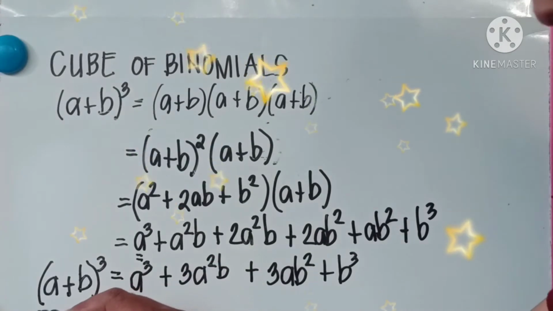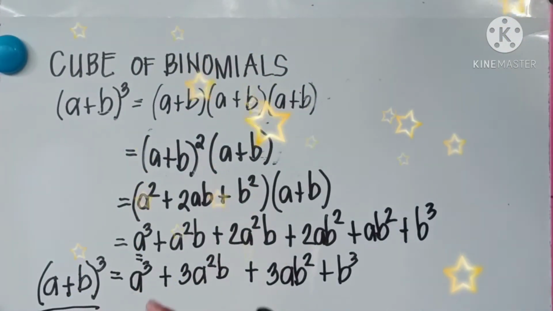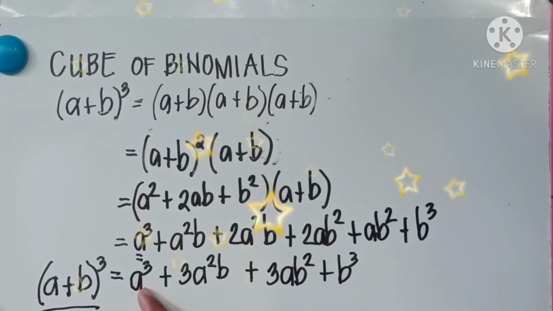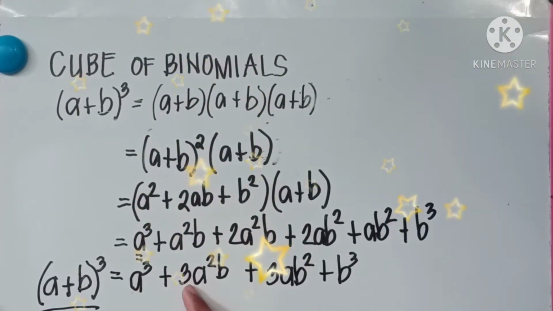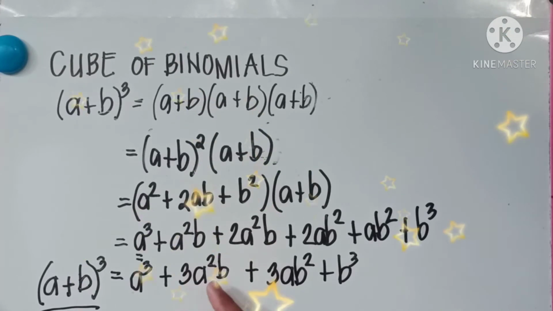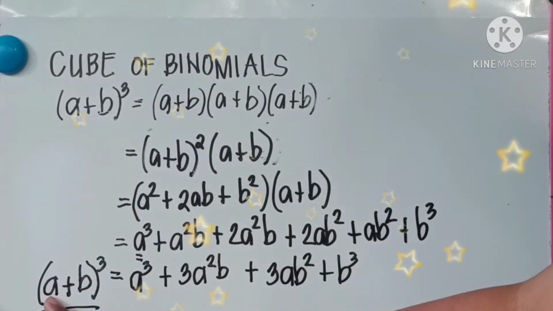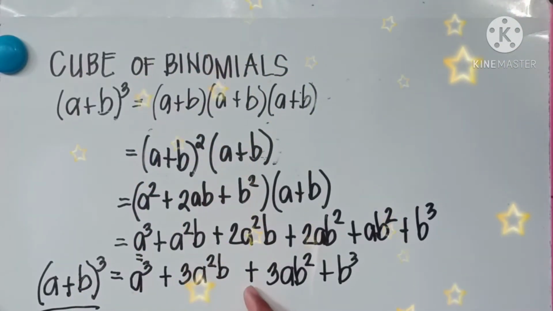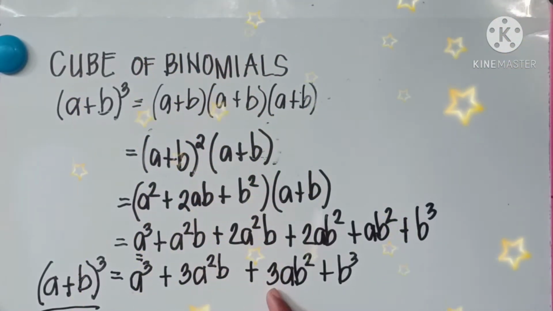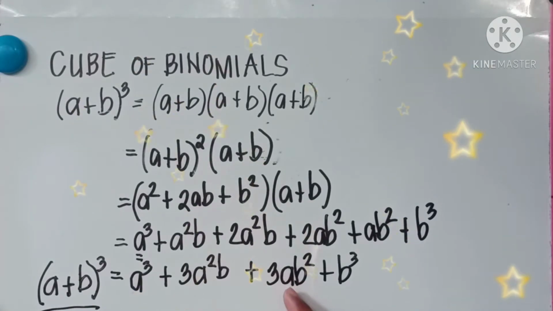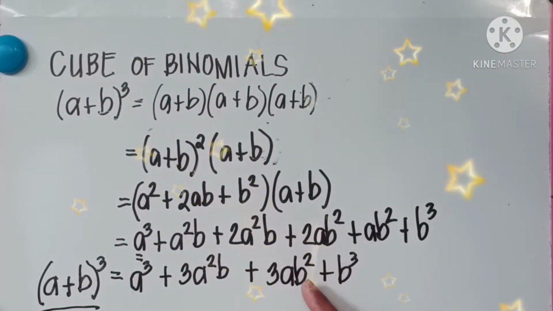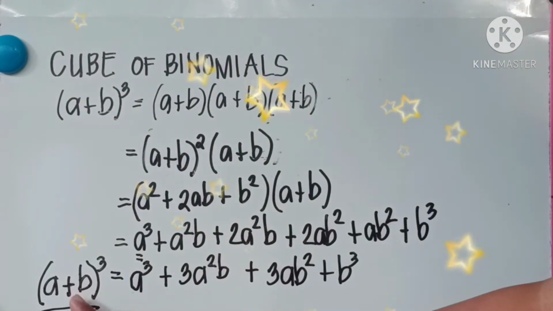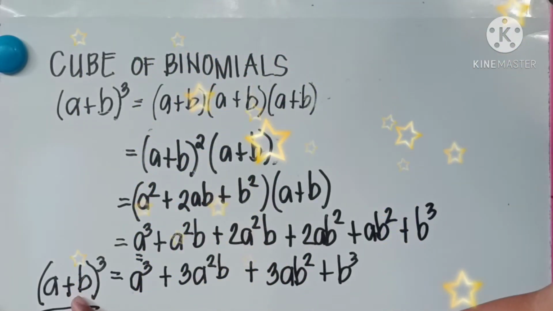If we are going to solve this, what you will follow is to get the cube of the first term, plus 3 multiplied by the square of the first term times b, the second term, plus 3 multiplied by a, which is the first term, multiplied again by b squared, or the square of the second term of the binomial.